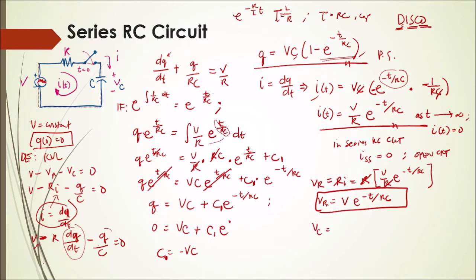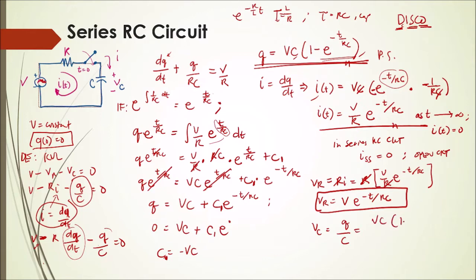Then what about VC? VC is equal to Q over C. We have a given capacitance. And then we have Q. This is our Q, no? So we can substitute this Q here.